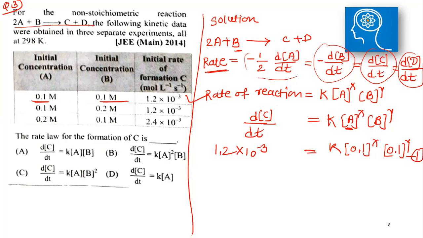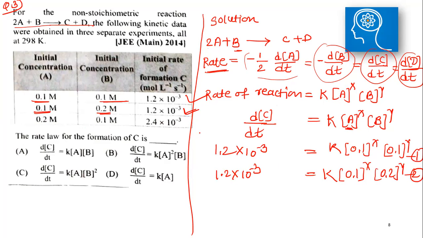Second, आता काय करायचं, सेकंड व्हॅल्यू दिली आहे इनिशियल रेट ऑफ फॉर्मेशन ऑफ सी ची. अगेन 1.2 10 to the power -3 which is equal. तर इथे ए आणि बी च्या व्हॅल्यूज काय, 0.1 आणि 0.2. So here is 0.1 to the power x, 0.2 to the power y. This is equation number 2.